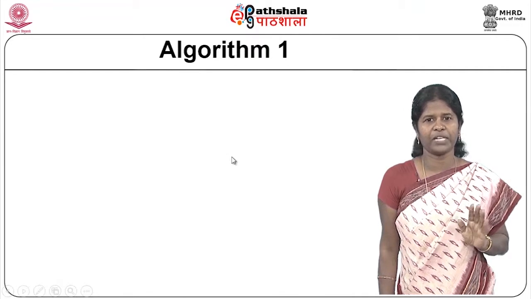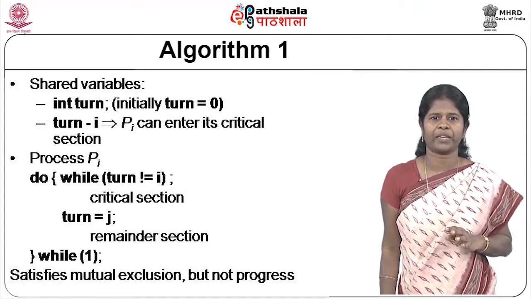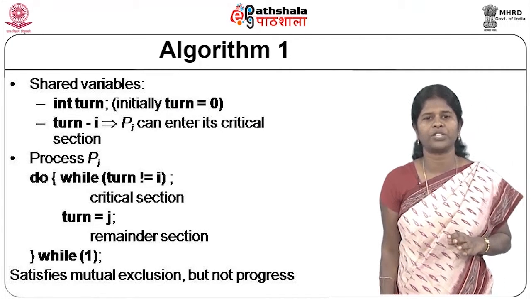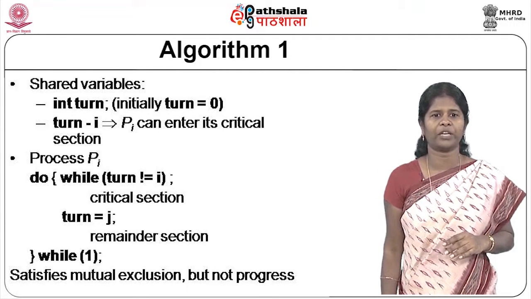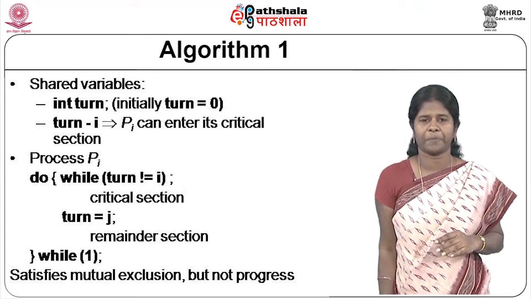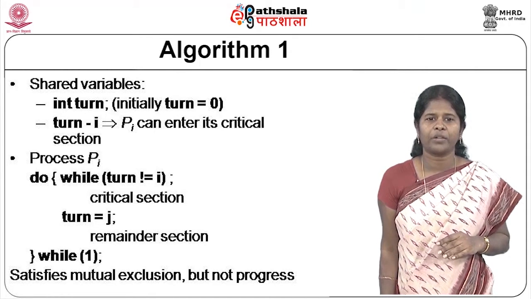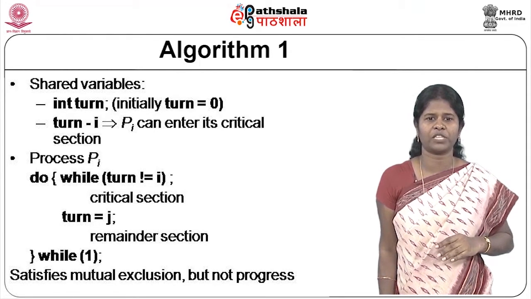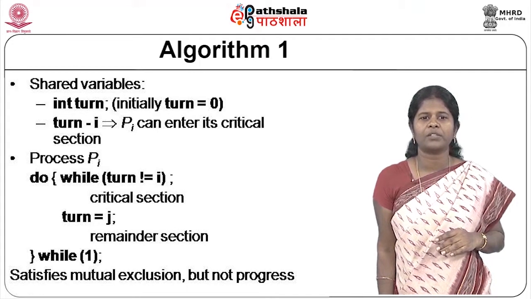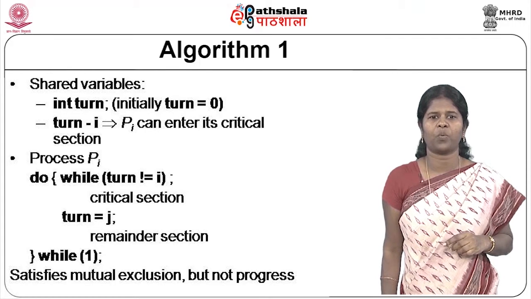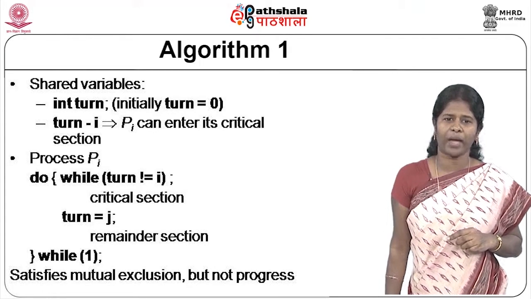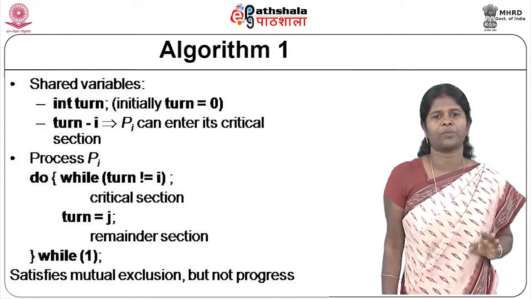Now we look at one algorithm that gives a solution to this critical section problem. In this algorithm the common variable is called turn. Process Pi executes like this: while turn not equal to i, it will just keep on waiting.